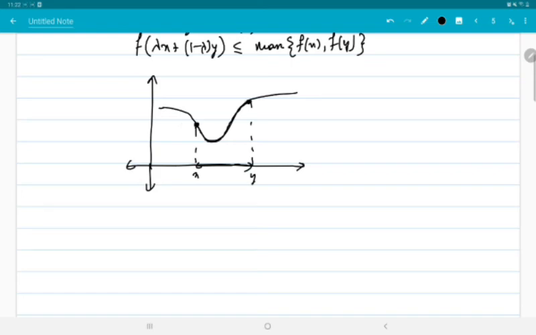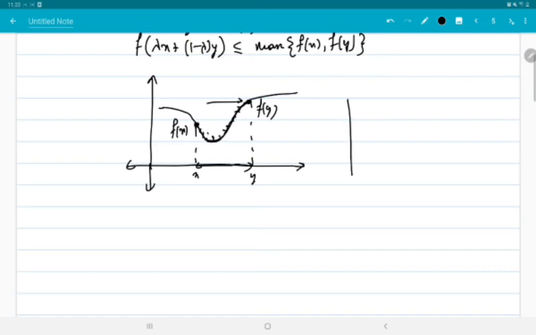So this is f of x, this is f of y. All these values should be less than or equal to the maximum among f of x and f of y. f of y is greater in this figure, so all these values should be less than f of y.